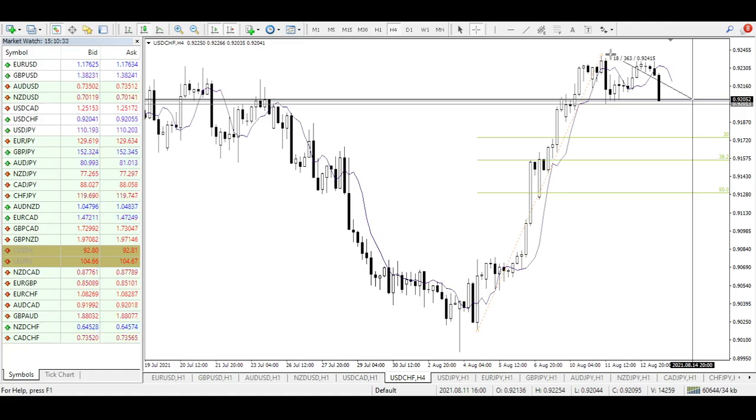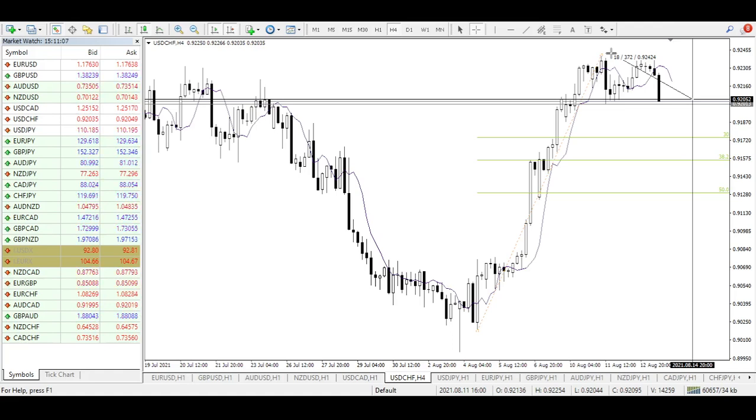So we should keep our SL 2 or 3 pips higher than the previous swing high. Since this is a sell position, we should consider ask price for placing our SL and TP. So I added 3 pips in this high plus 3 extra pips to avoid getting stopped out. This is one way of managing your risk. Then our total pips on the risk will be something around 37.2 plus 3, that will be 43.2 pips. So this is the risk for the people who are going to place a stop loss.